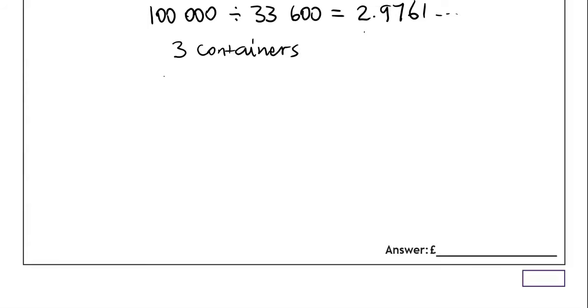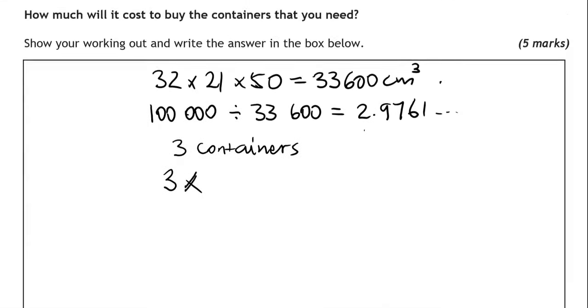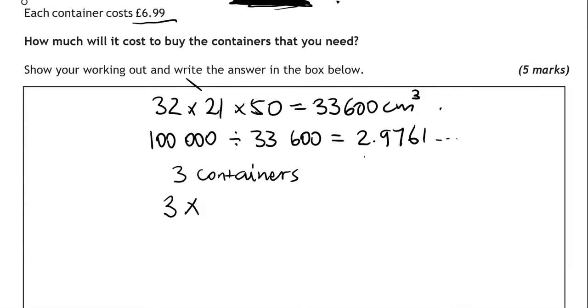So 3 containers, how much is one of them? It's 6.99, which is £20 and 97 pence.